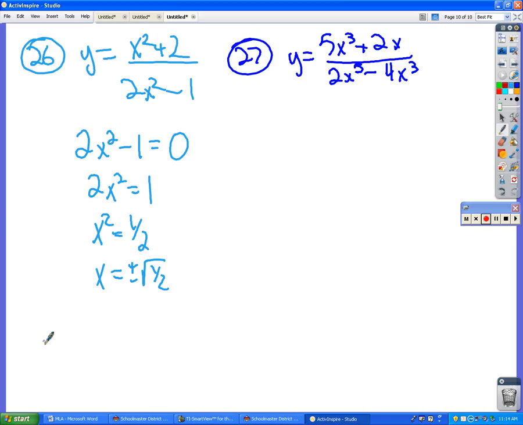Okay, so factor out an X. Look at the top. Let's factor out an X from the top.